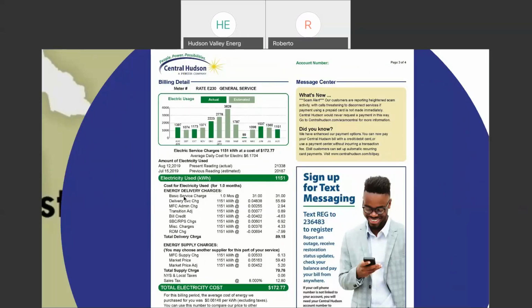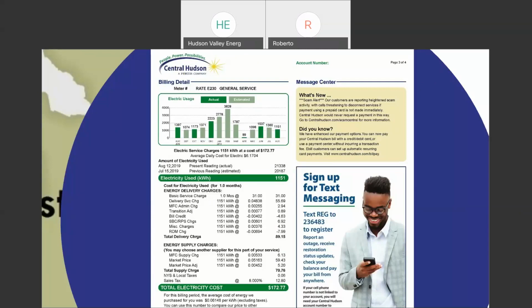Then here you can see the basic service charge is $31. So it costs more per month in the commercial service class, but the delivery service charge is 4.838 cents versus that 8.3 and change for residential.